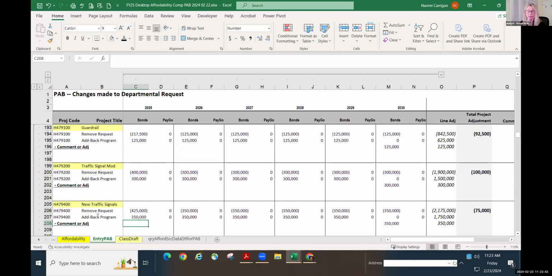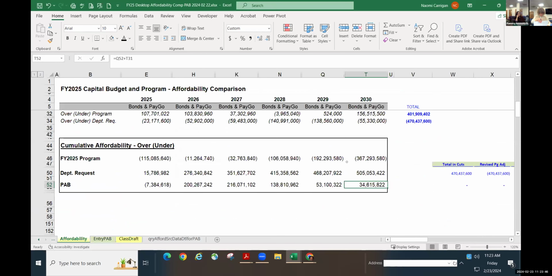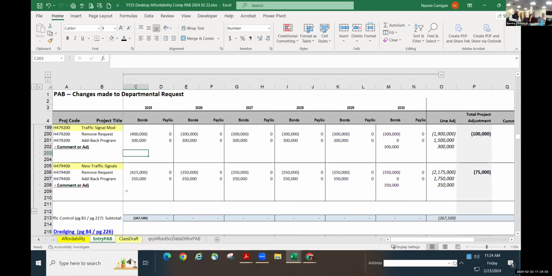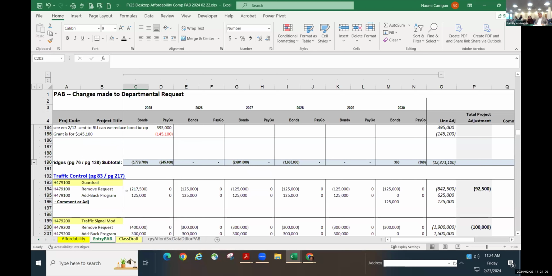Shall I look at the affordability total, where we are? Sure. We are at about $34.6 million over. What is our zero?